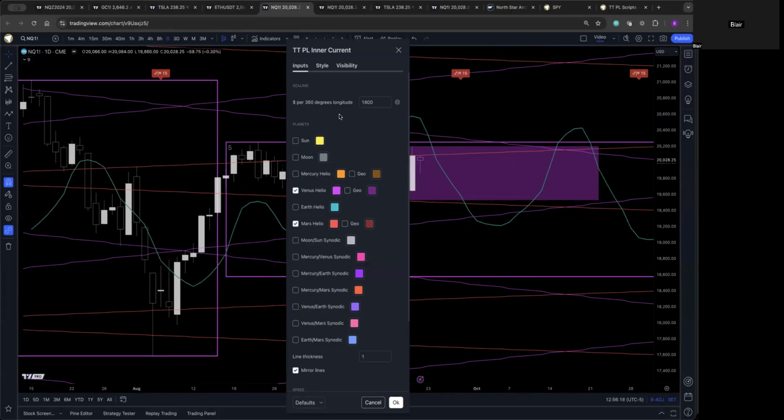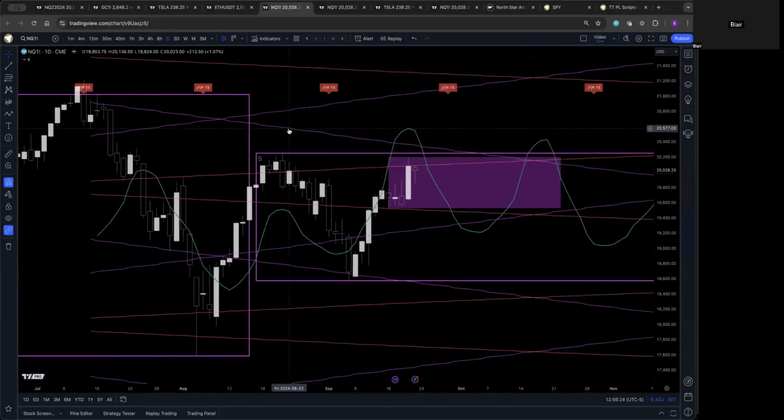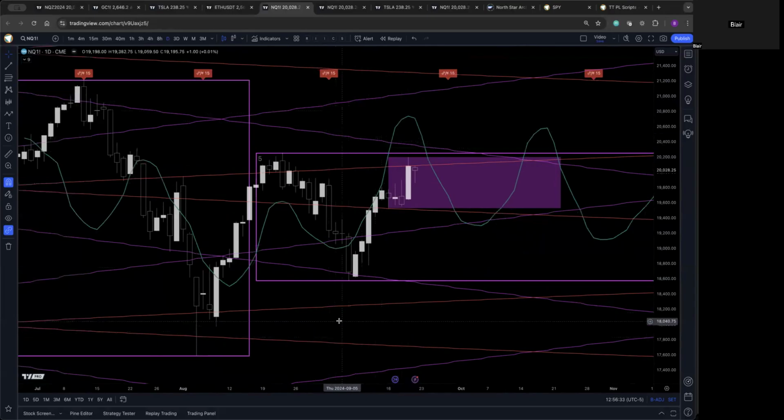Venus helio and Mars helio planetary lines scaled at 1800. These have been reliable lines for us. This is why they're on our chart. Now, this is not using the wheel of 24. This is using the mod 360 conversion method, and that's still valid. Just because I created wheel of 24 doesn't mean the old stuff isn't valid or doesn't work or is somehow less good.